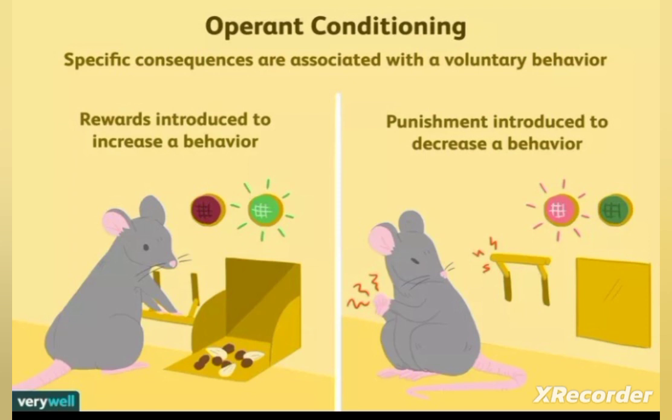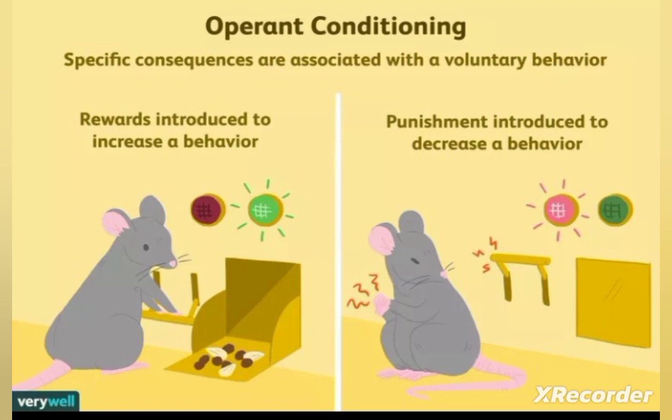The second point is that reinforcement appropriate to the prevailing motivation is of vital importance in the learning process. And the third one, learning is a gradual process and spontaneous recovery is also possible within learning. So these are the points that emerged from the experiment.